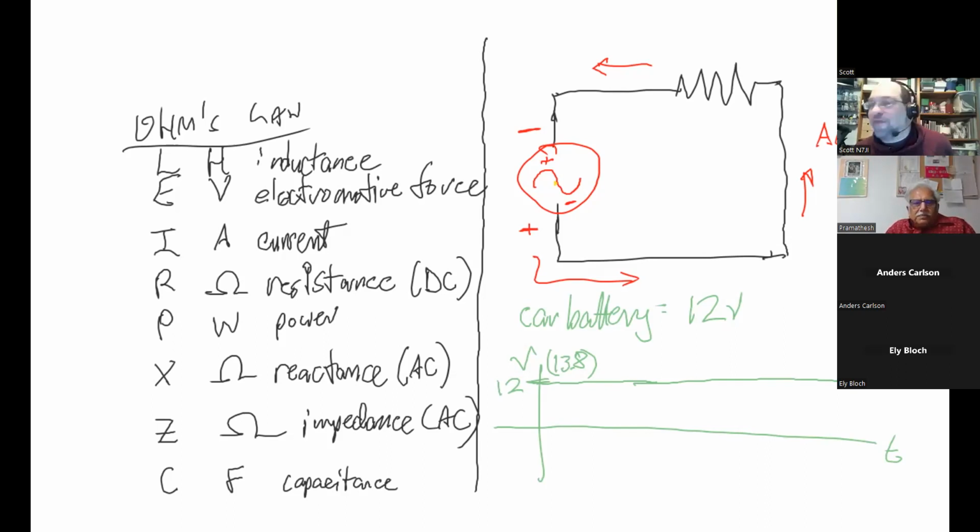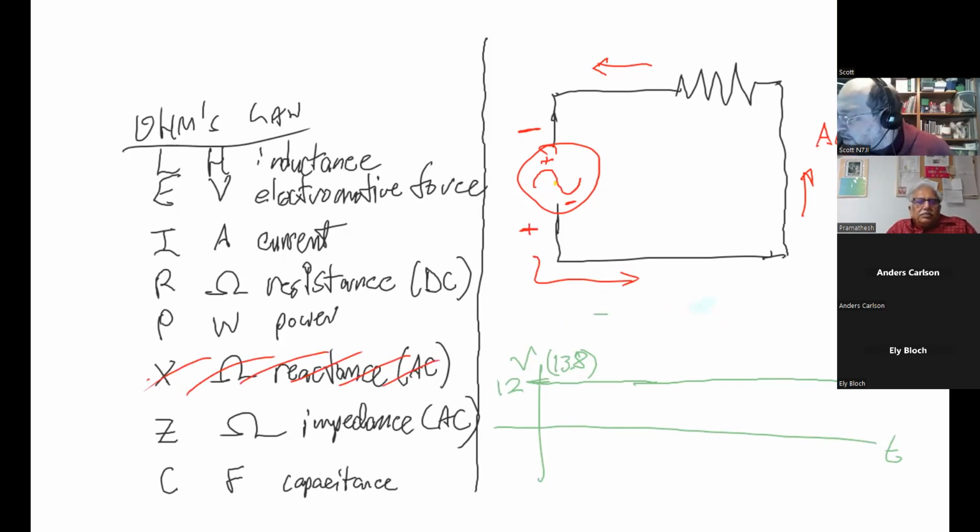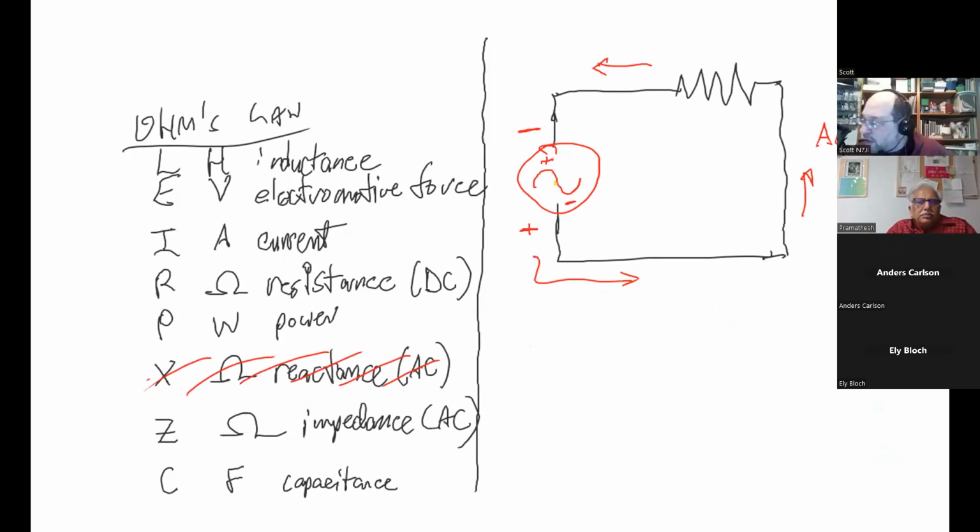No. Does it make any difference to the resistor? Nope, it makes no difference at all. Now, notice on the left-hand side, we're actually going to get rid of reactance for the time being. We're just going to put some X's through it. We'll get back to that. So now for this particular circuit, we know that in a resistor, R equals Z. Does everybody agree with that?